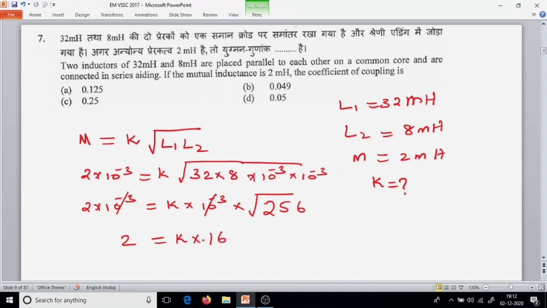Left side and right side we can divide by 2, so it will be 1 equals 8K. So K equals 1 divided by 8, which comes to 0.125. So the answer is option A.